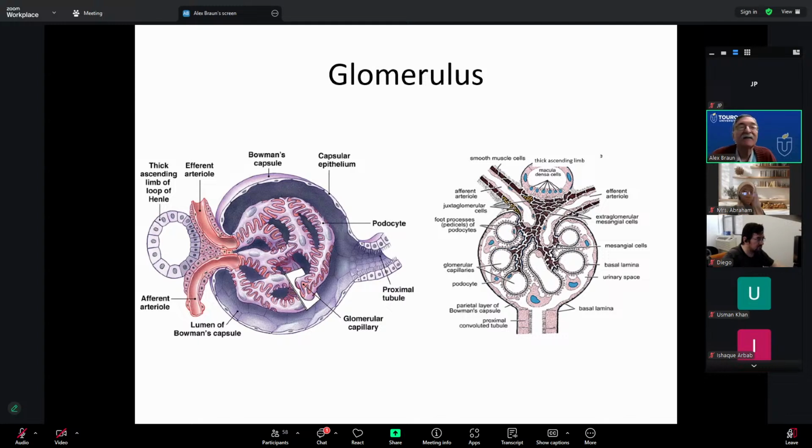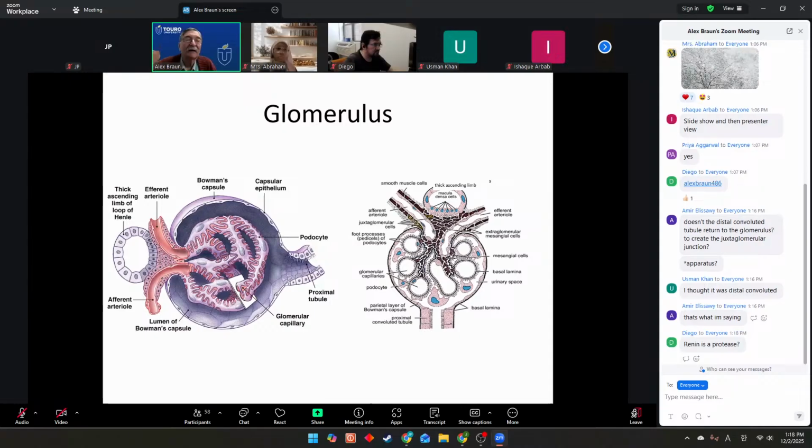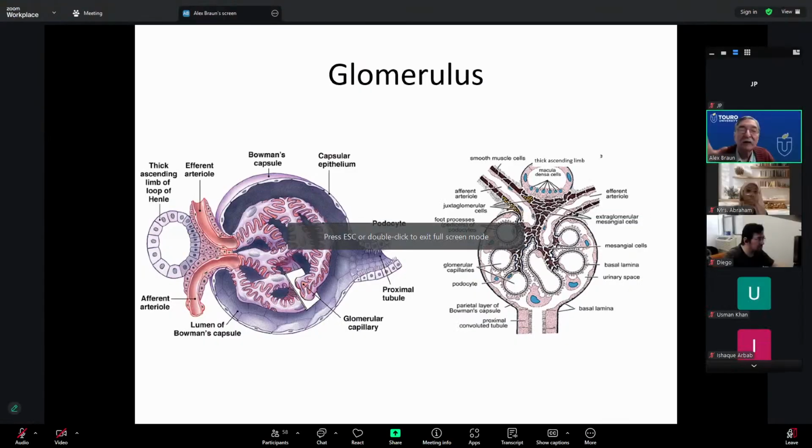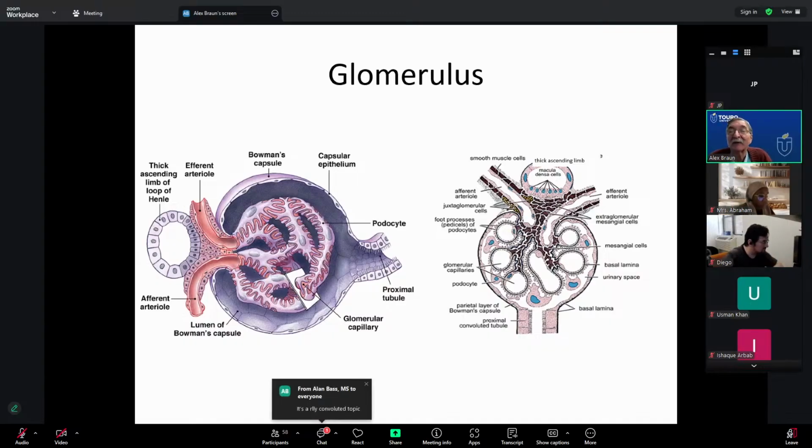That macula densa occurs at roughly the transition between, if you want to call it, distal straight tubule and distal convoluted tubule. So I don't mind if people call it distal convoluted tubule. I don't mind if they call it distal straight tubule. But most of the time I see the phrase thick ascending limb in books, so that's what I usually use. I don't know if that's confusing or not. It might be confusing to you.